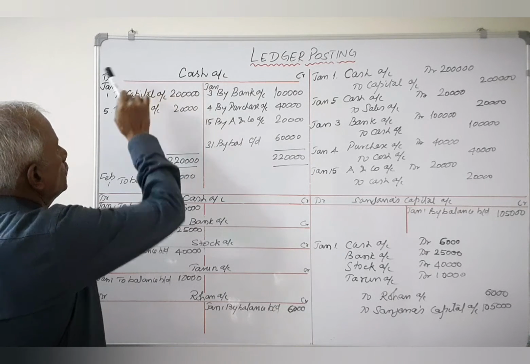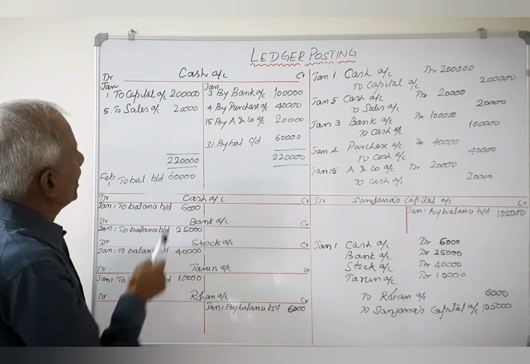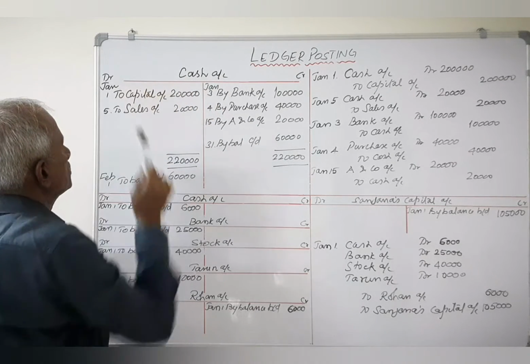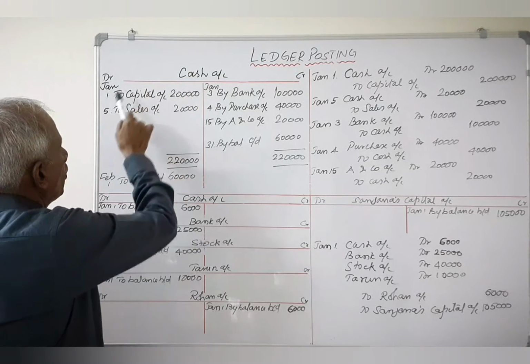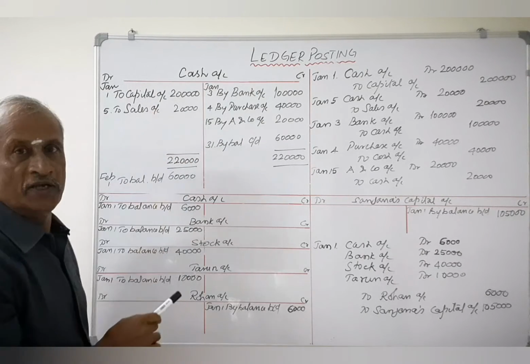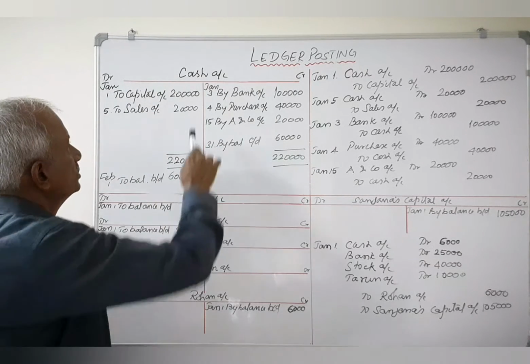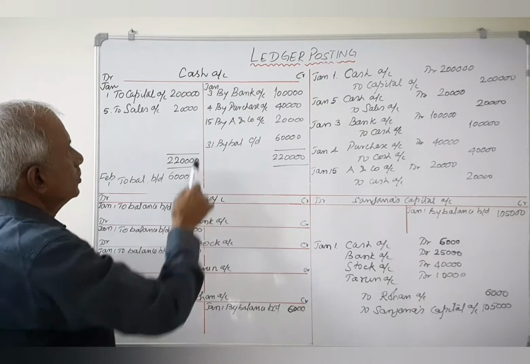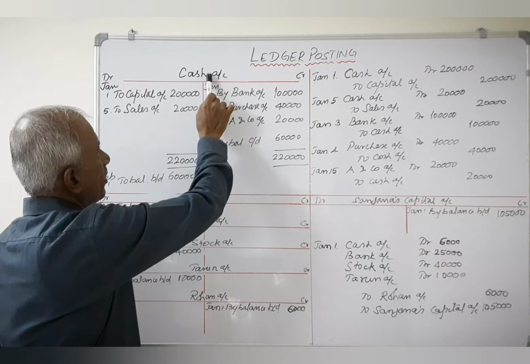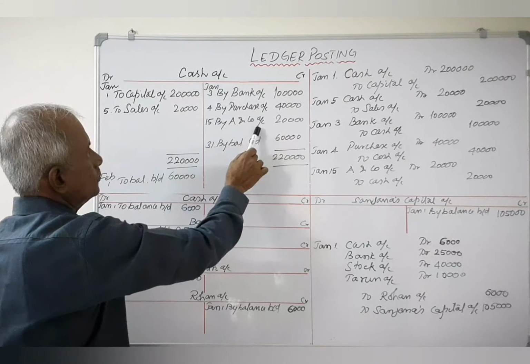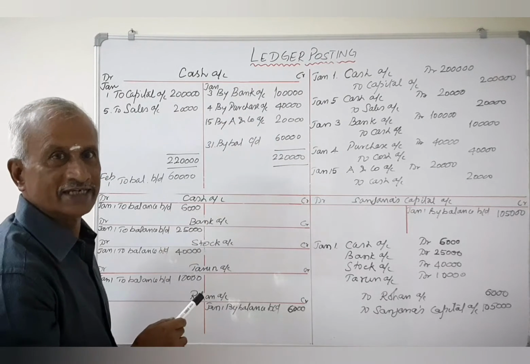When you go to the debit side of an account, you take the name of the account as debit, and all the accounts against the amounts should be taken as credit. When you go to the credit side of an account, you have to take the name of the account as credit, and all the accounts against the amounts should be taken as debit.